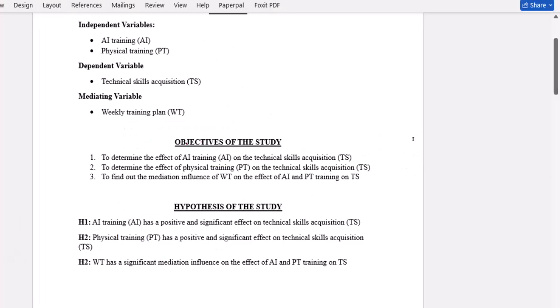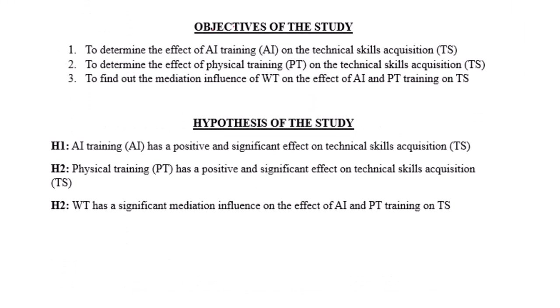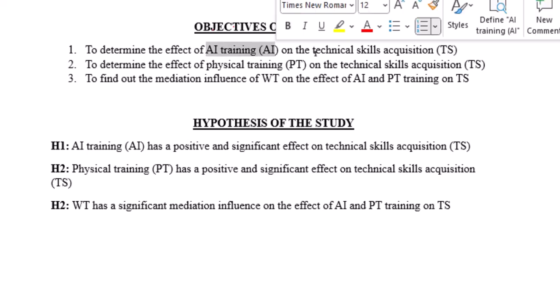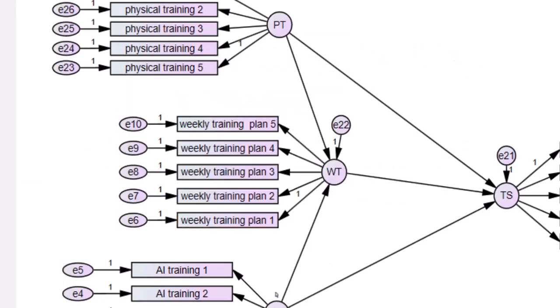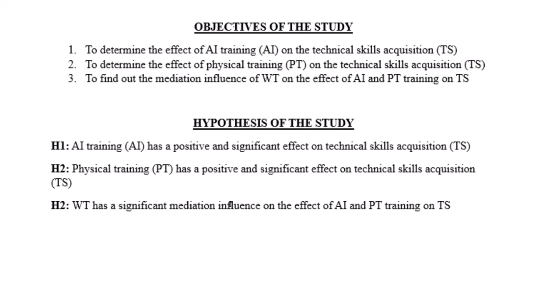So then we look at the objectives. From the relationship, we come up with three objectives. The first objective is to determine the effect of AI training on technical skills acquisition, TS. So it means this part here is objective one, the effect of AI on TS. The second objective is to determine the effect of physical training on technical skills acquisition.